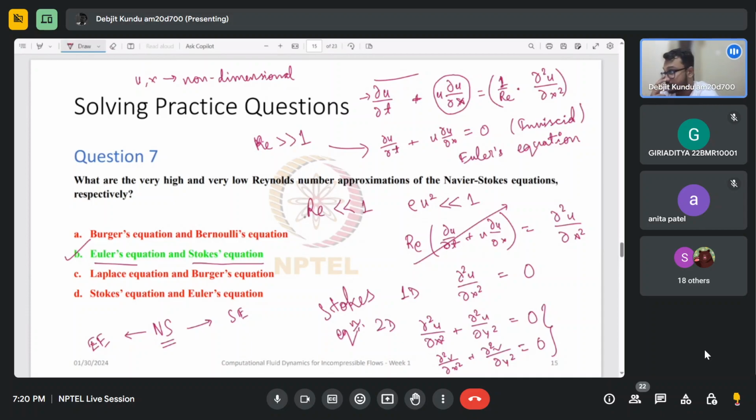And on top of that, you will see the nature of the partial differential equation changes, especially for these Stokes equations. These are elliptic equations, and elliptic equations have some properties of their own which can be exploited to find solutions even more simply, because these are just Laplace equations in u and v, right?